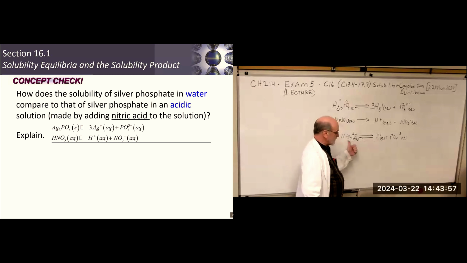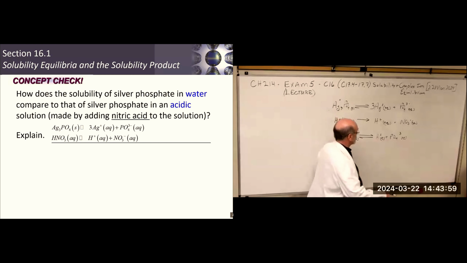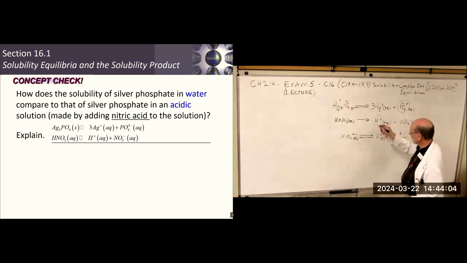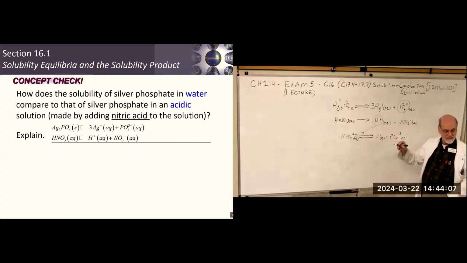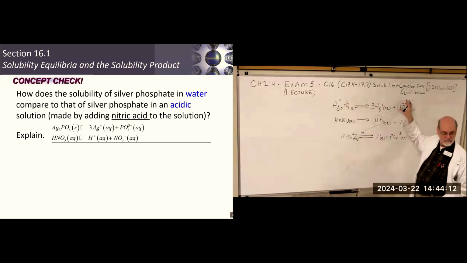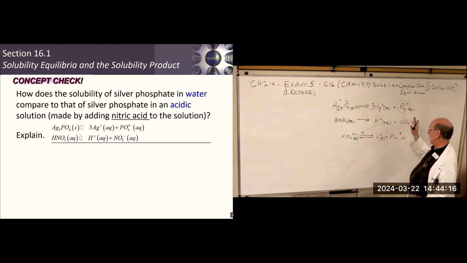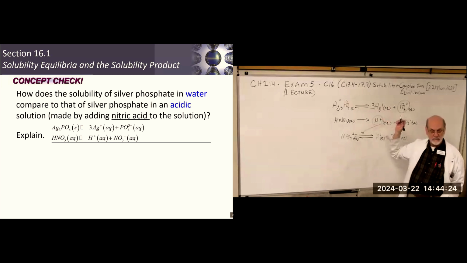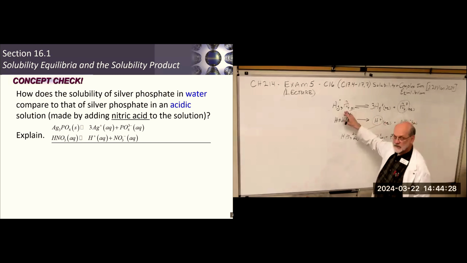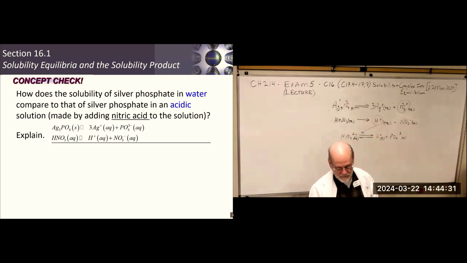So it really wants to be over here. That means when you combine this one and this one, you're producing that one. Okay? And that removes this one from that reaction. So we have a coupled reaction with no common ions, but we do have an interaction between this hydrogen and that phosphate, which drags the reaction to the right. We're removing phosphate ions. So that would increase the solubility of silver phosphate.